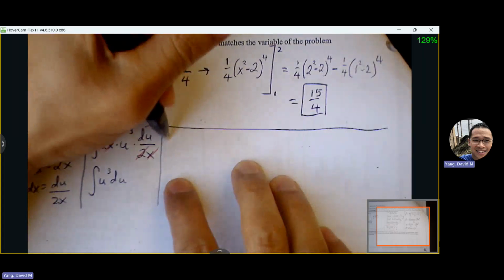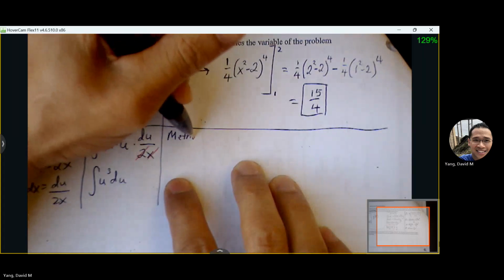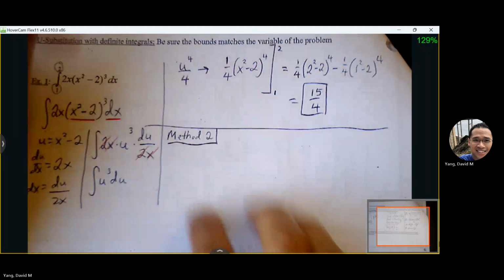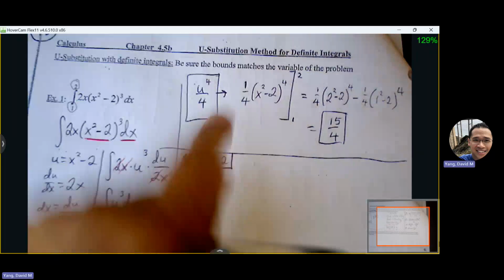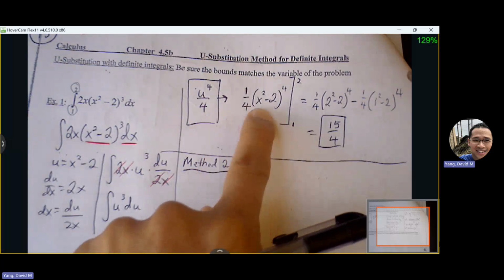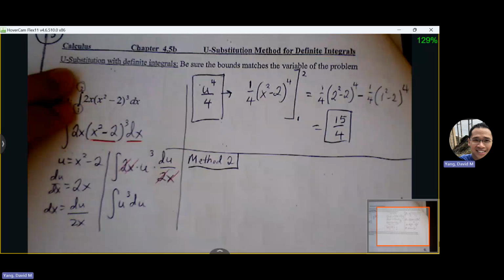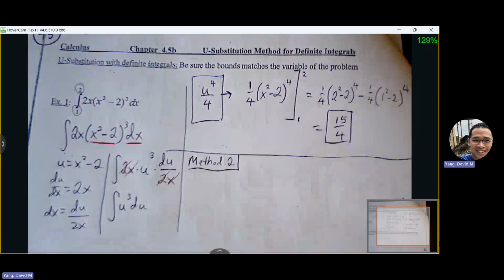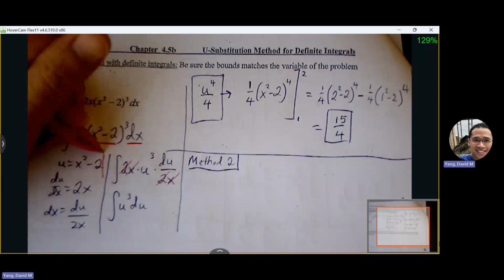I want to show you a second method. Second method is we're going to hold on to this u to the 4th over 4. And instead of turning this back in terms of x, we can take the bounds and turn them into what? In terms of u, yeah. So the conversion is this equation here.